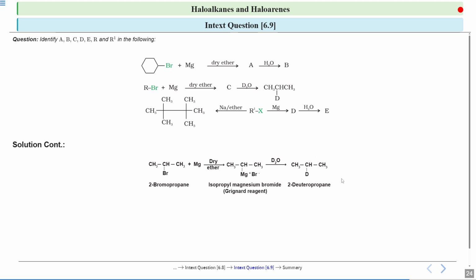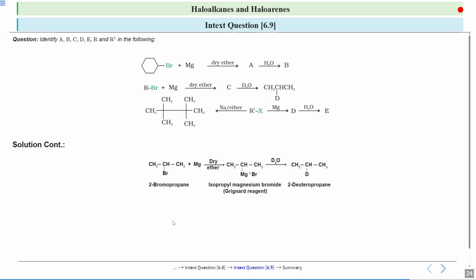And from this product, which is already given in our reaction, we have identified what the alkyl group initially present as the alkyl bromide will be. So from here we can guess that R is a propyl group, CH3, CH, CH3, the same as is present here, because the substitution is happening only at the second carbon. The bromine is substituted by Mg positive, Br negative, and then that is substituted by deuterium.